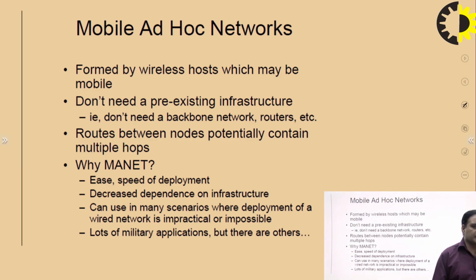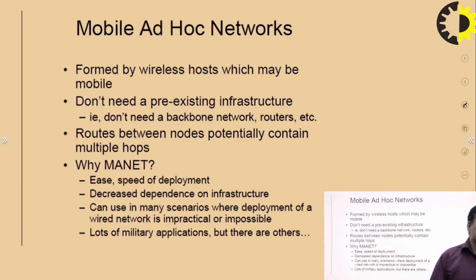The devices are connected among themselves in the network. That is ease of speed of deployment, decreased dependencies on infrastructure. There is no requirement of any routers or any other devices through which they can be connected in the network. So there is a lesser requirement of infrastructure.